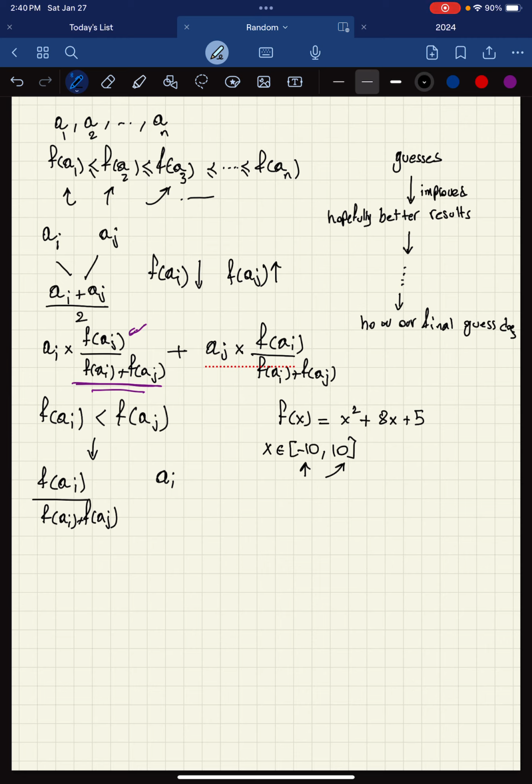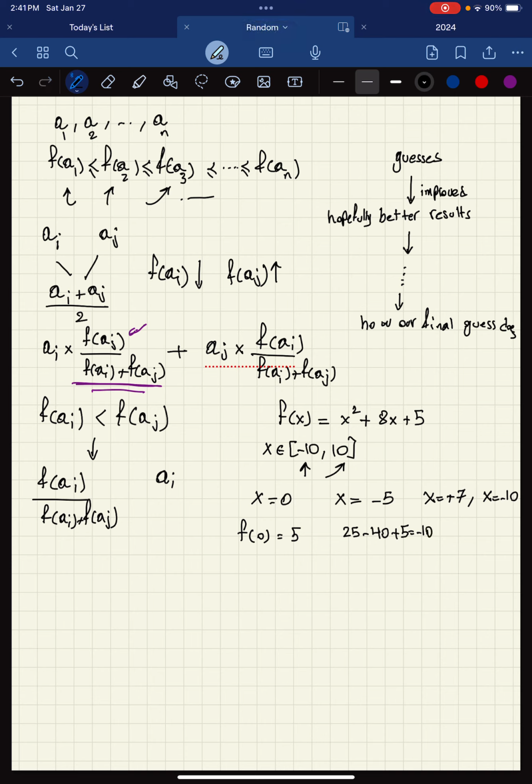So for this problem, we estimate that it's probably going to be somewhere in this range. And let's say we pick x is equal to 0, x is equal to minus 5, x is equal to plus 7, and x is equal to minus 10. Then if we write the new sequence that we're going to get, f of 0 is going to be 5, then for minus 5 it's going to be 25 minus 40 plus 5, which is minus 10.